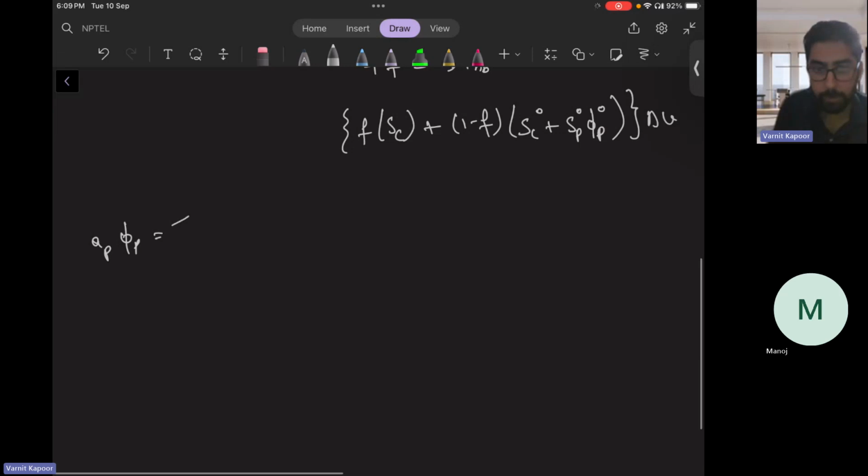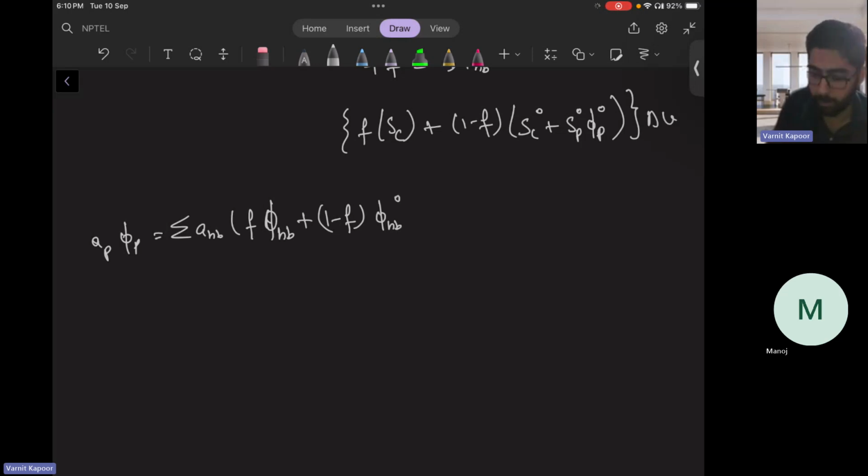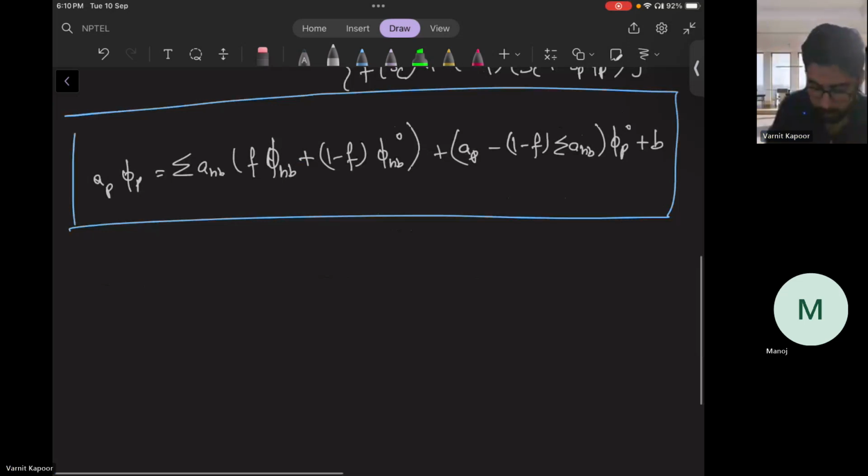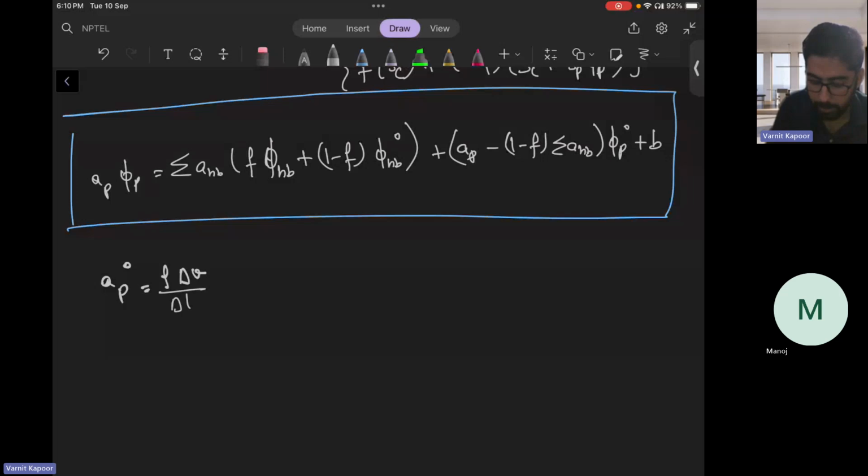So this equation looks like AP phi P is equal to the summation of neighboring coefficients into f phi NB plus 1 minus f phi NB naught, plus AP naught minus 1 minus f summation of a_nb phi P naught, plus b. This is your final equation, where AP naught is nothing but rho del V over del T. AP is AP naught minus f SP del V plus f summation a_nb.